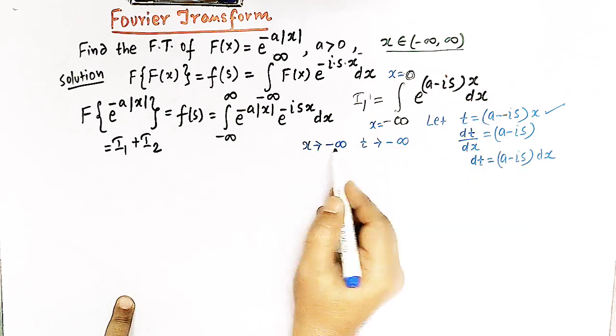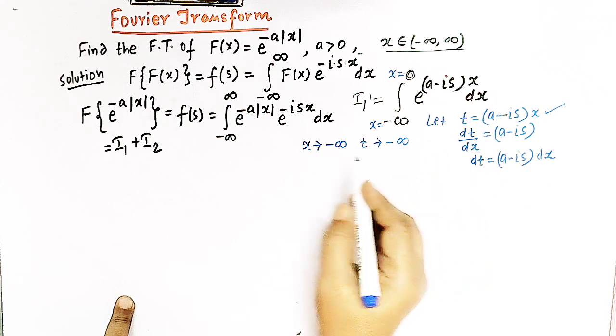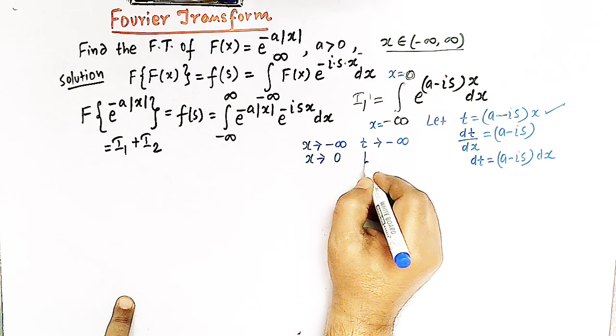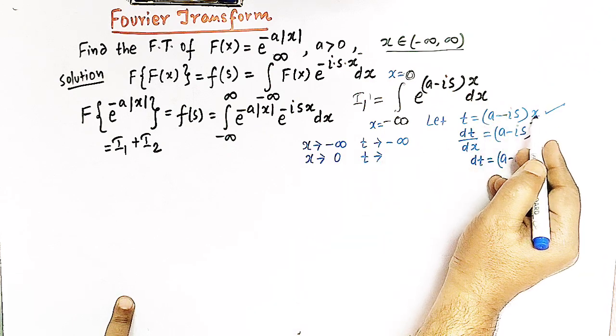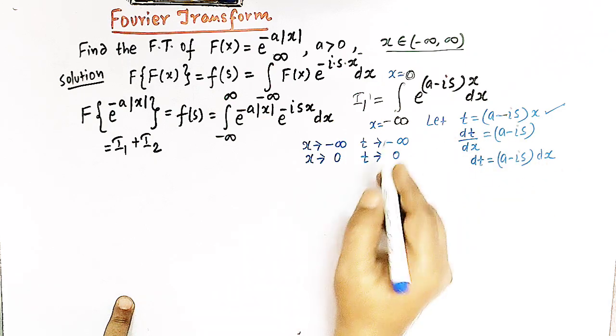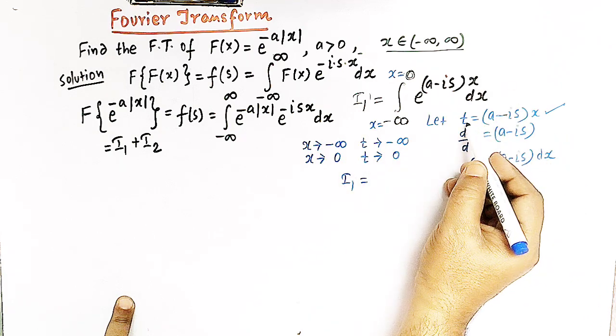When x approaches minus infinity, t approaches minus infinity, and when x tends to 0, then t also tends to 0. So now we can write this integral I1 in terms of t.